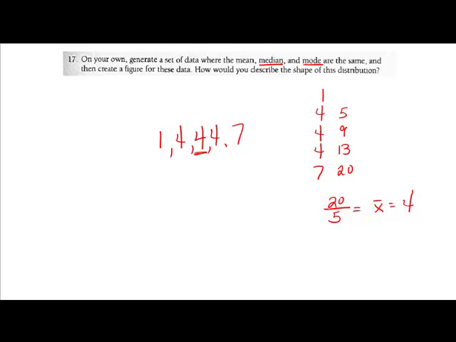So how is this going to look as a distribution? Well, 4 is in the middle, and it goes up 3 units. 1, 2, 3. 1 is out here, 7 is out here, it goes up 1 unit. There we go. There's our distribution.